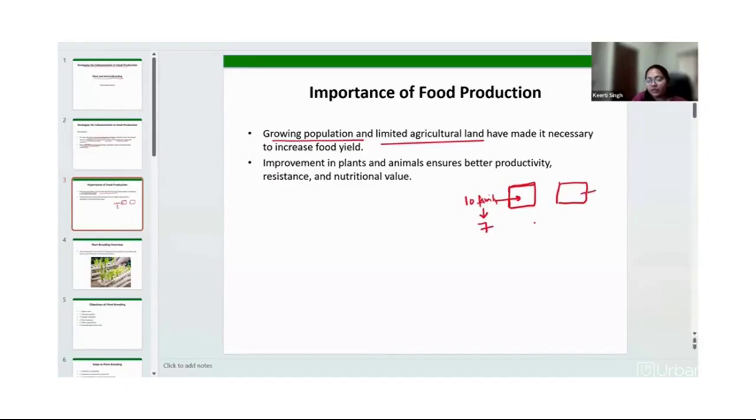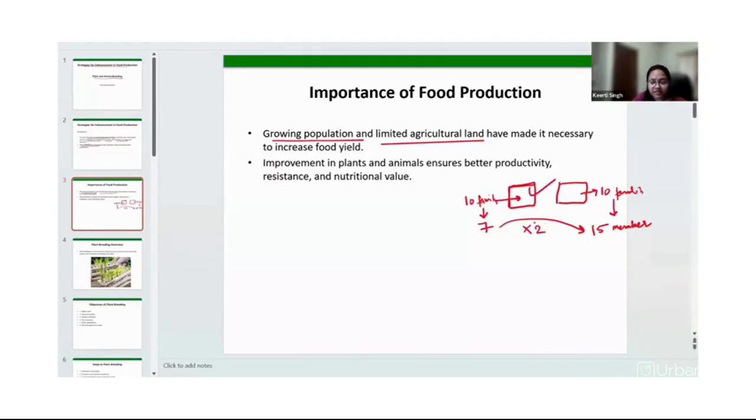And over the period of time, these 10 families have now become 15 members each, right? So you can say that the population in this particular area has increased more than two times, right?